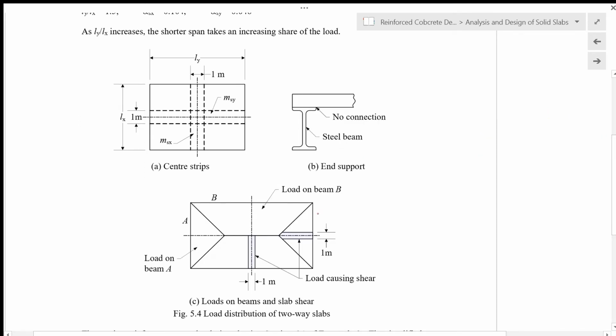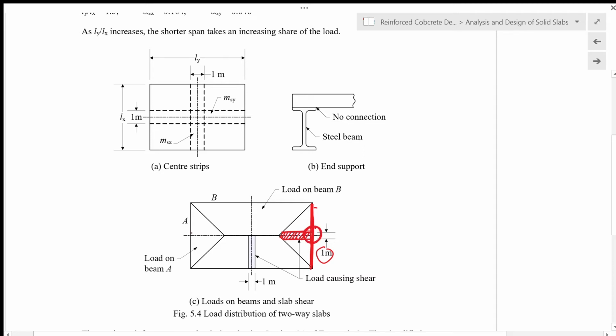And then as for shear on this supporting beam here, we take a 1 meter strip of the slab here, and then the total load within this area of a 1 meter strip is the shear transferred to this supporting beam here, per meter length.